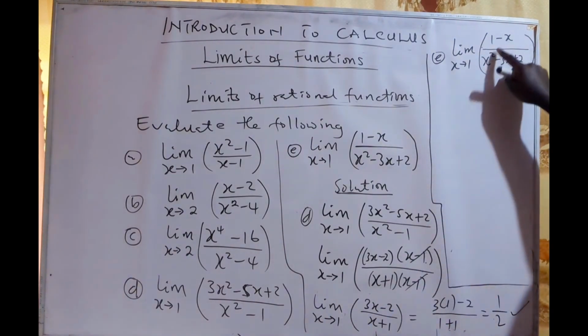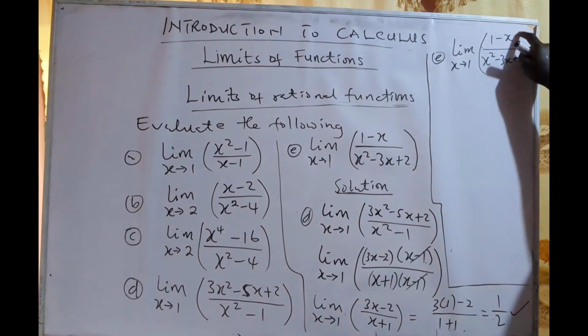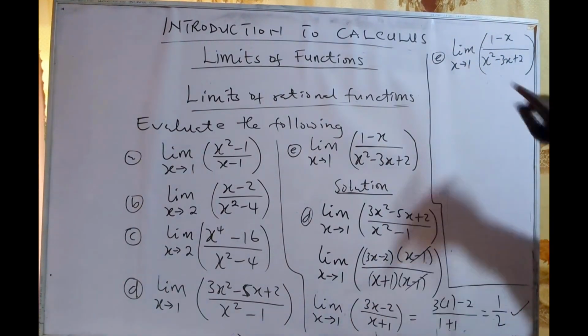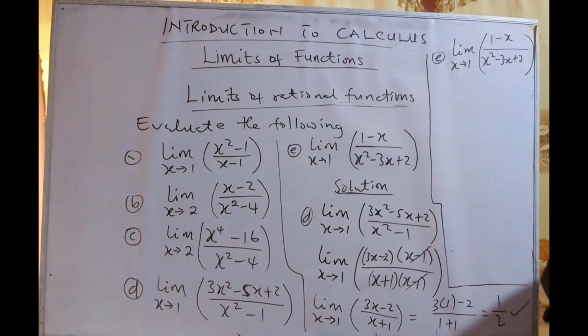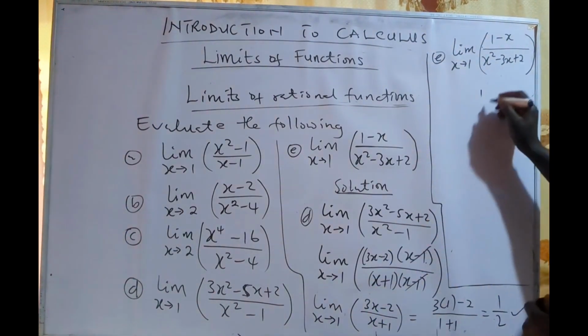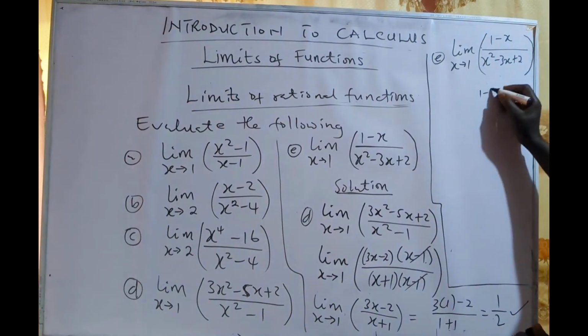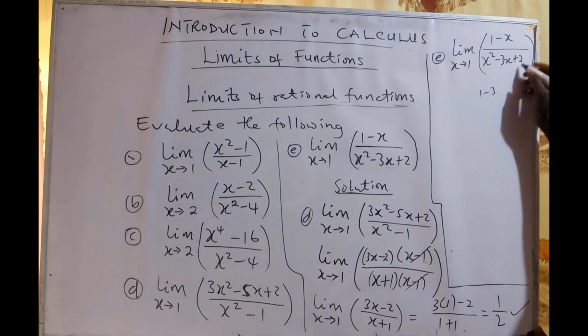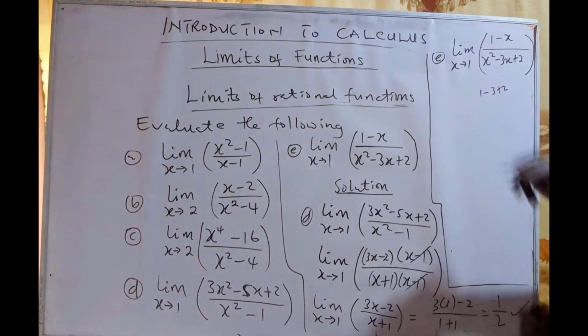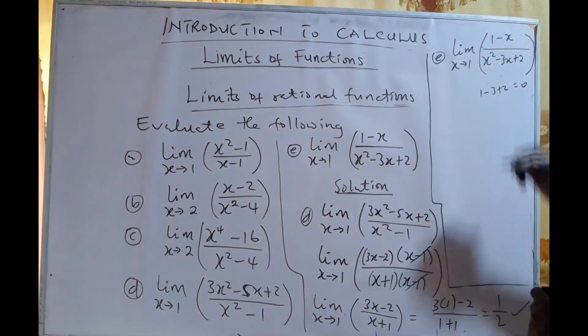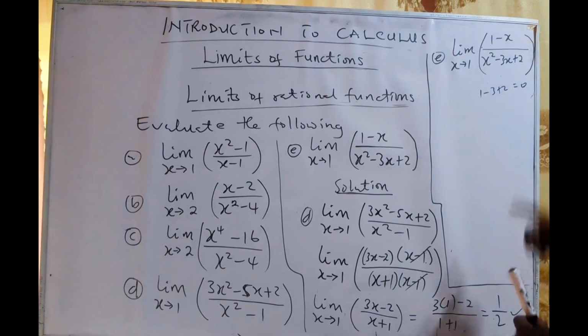If I put 1 here, the denominator will be 0, but that is not a problem yet. Let me check the denominator. 1 squared will give me 1, minus 3 times 1 will give me 3, and then plus 2. So 1 minus 3 is minus 2, plus 2 will give me 0. So there is a problem. The denominator will be 0 when I substitute the value 1.